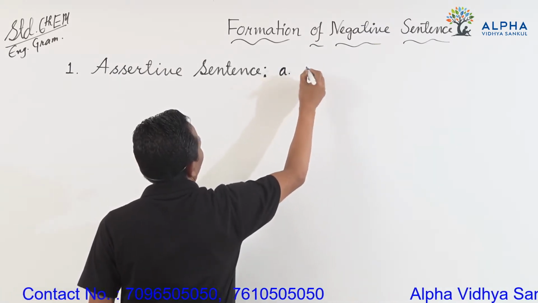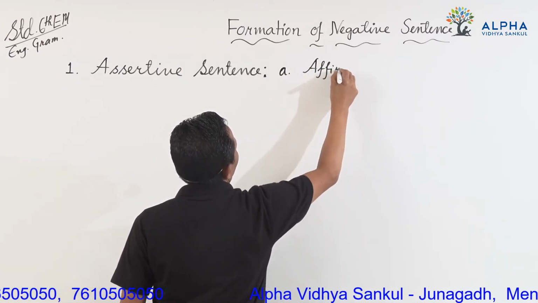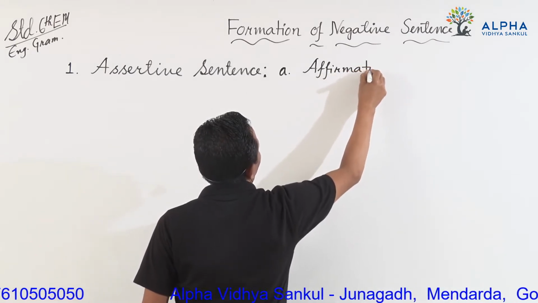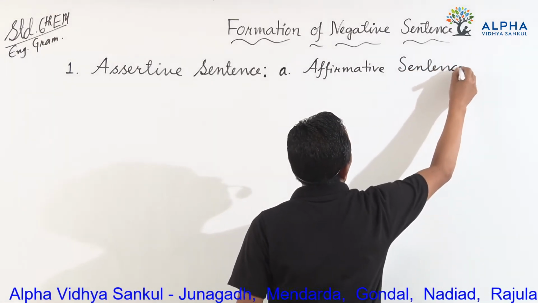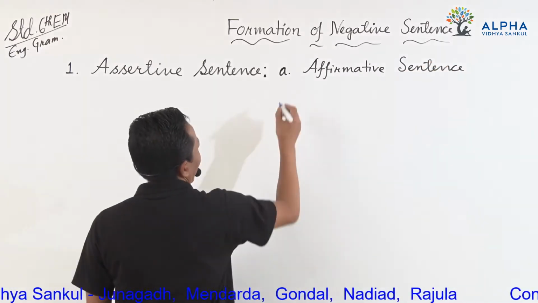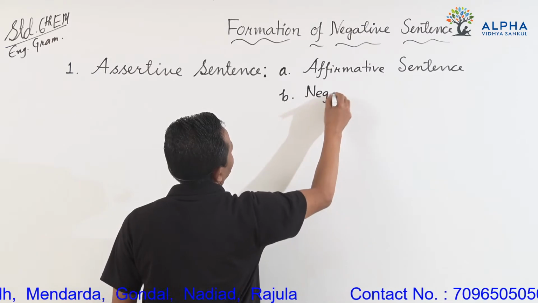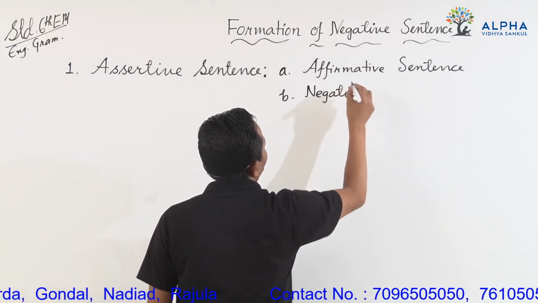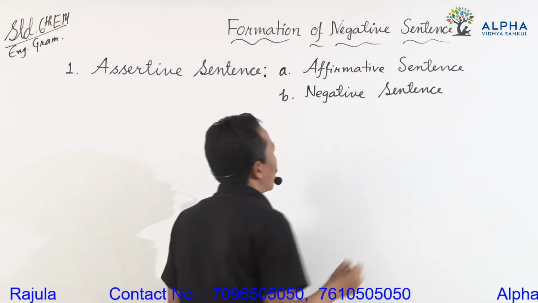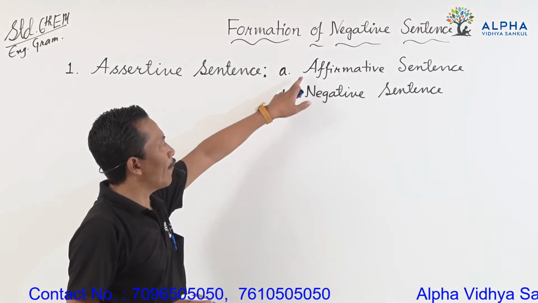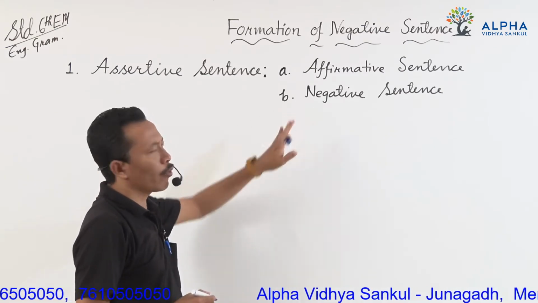One is affirmative sentence, and the other is negative sentence. Today's topic is how we form a negative sentence from an affirmative sentence. And that is the question for today.